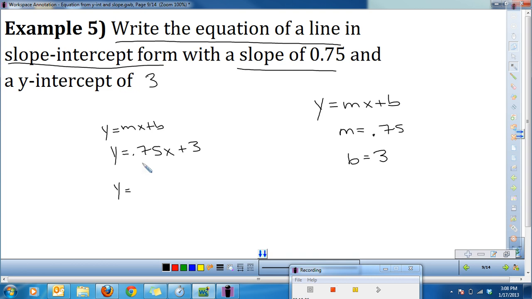No. So I need to change this into a fraction. So 0.75 as a fraction is 3/4. So the correct formatting on this is to write 3/4 x plus 3. Sometimes it's easier if before you write this over here, you just look at your numbers here and check that they're correct.